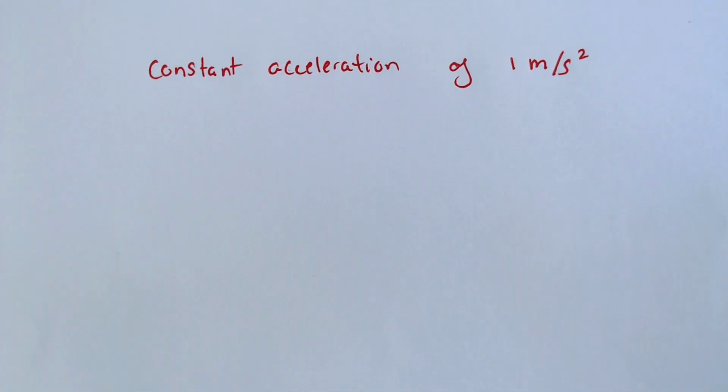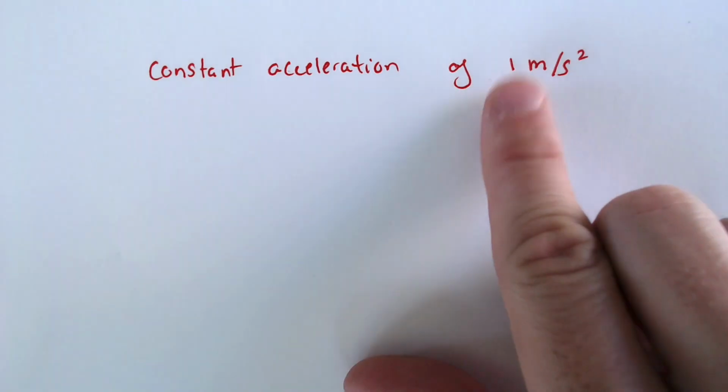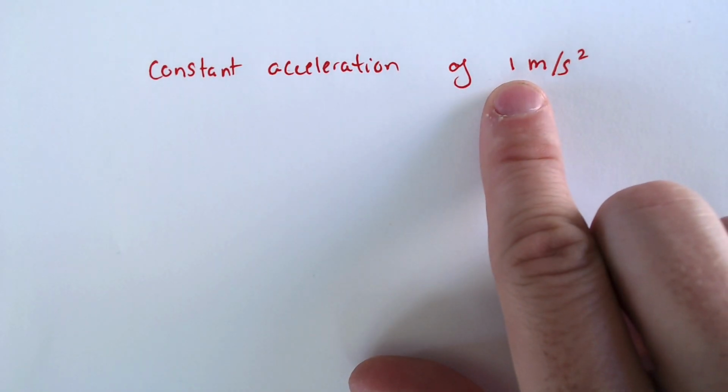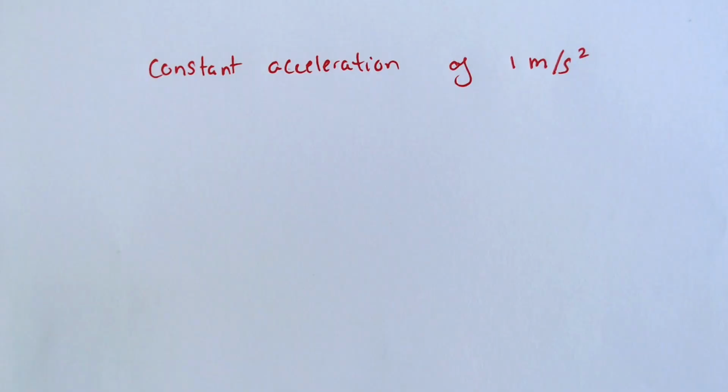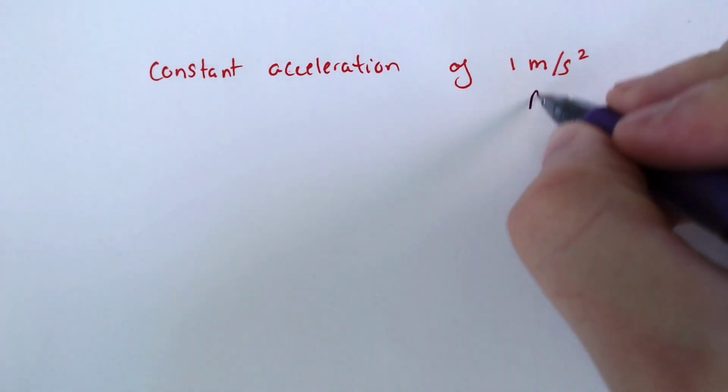Okay, so if we have a constant acceleration, that means that we are increasing in speed over and over again. We're going to continually get faster. For that first second, we'll only be going 1 meter per second. And then the next second, we're going to go even faster. And even faster. It's going to keep getting faster and faster, which means some things are going to occur.